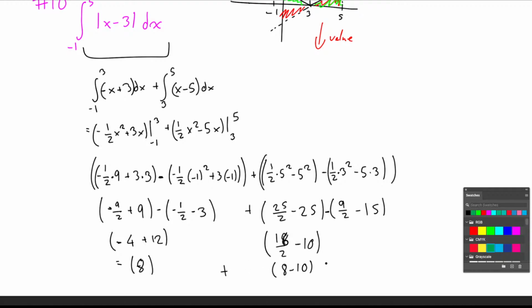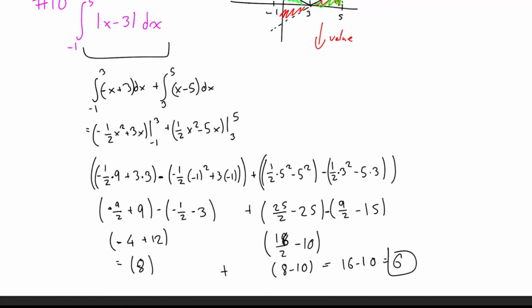So 8, so we get 16 minus 10 equals 6. You were correct, my friend. Now let's see if both of us were correct. Well, we were wrong.